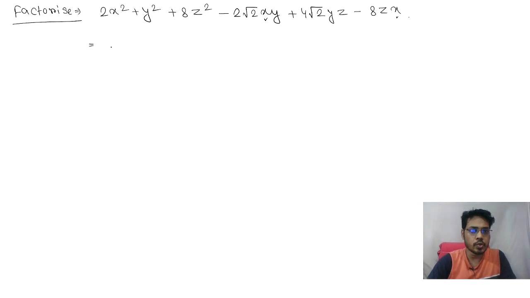So here 2x square, and x is negative. How can we write 2x square? Minus root 2 x whole square, and y square as y whole square, and 8z square as 2 root 2 z its whole square.